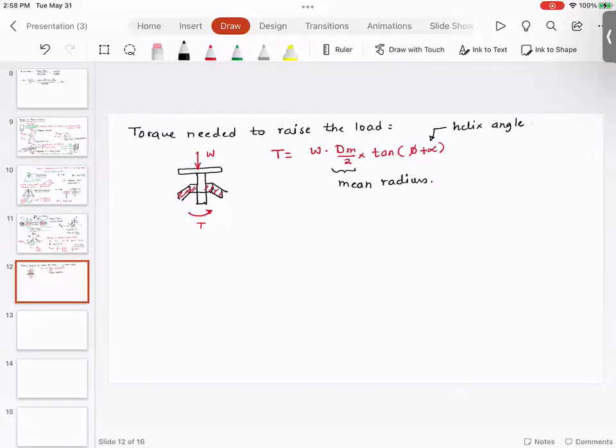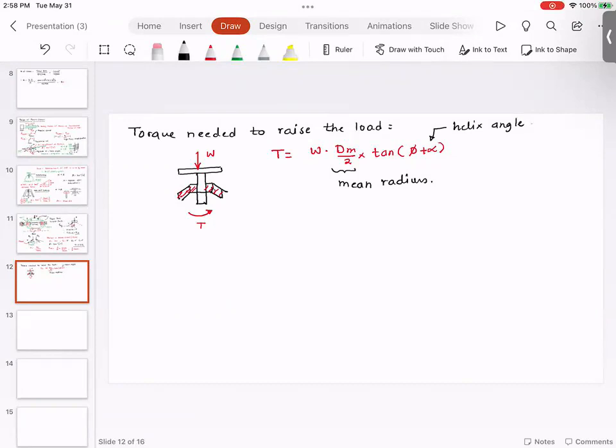When the screw is either going up or going down, you have simultaneously the load acting on the screw as well as the torque acting on the screw. So when the screw jack is in operation, you are going to have the load and the torque simultaneously acting on the screw.